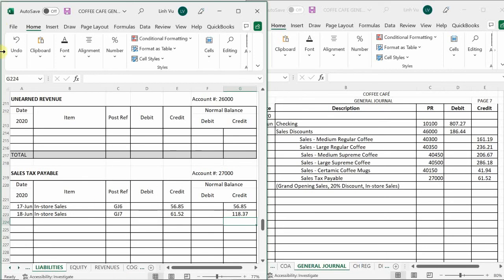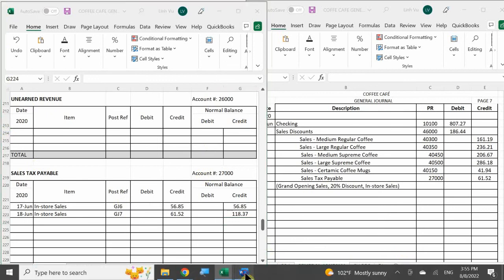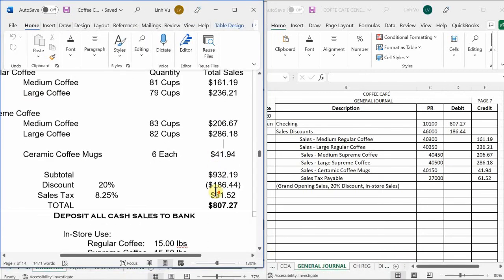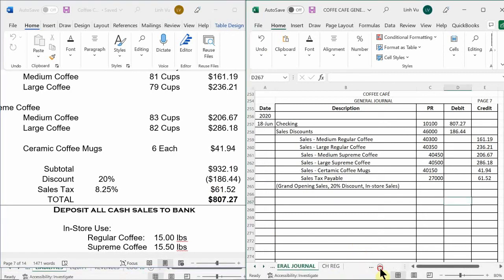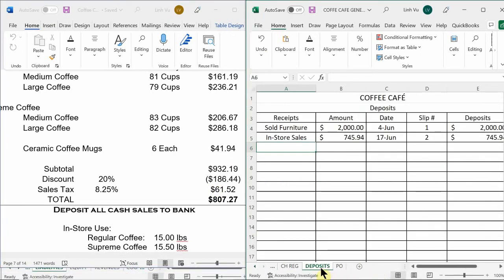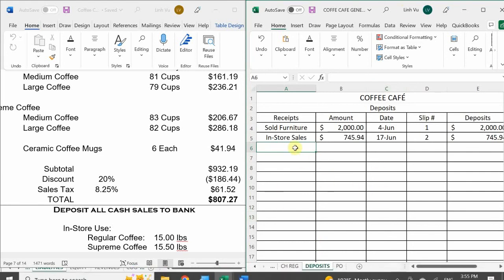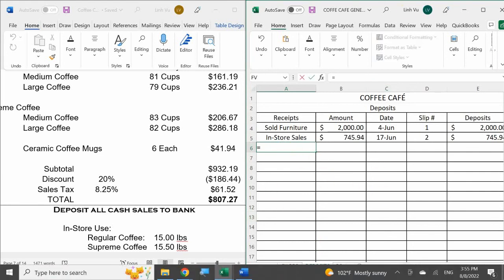And then we have to do the inventory markup for however much we used. Okay. Before we do that, let's go ahead and deposit the money into the bank. Oh yeah, because the money's not going to magically appear there by itself. So we got some in-store sales.